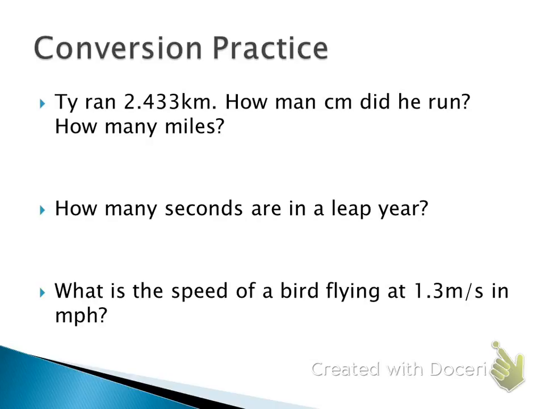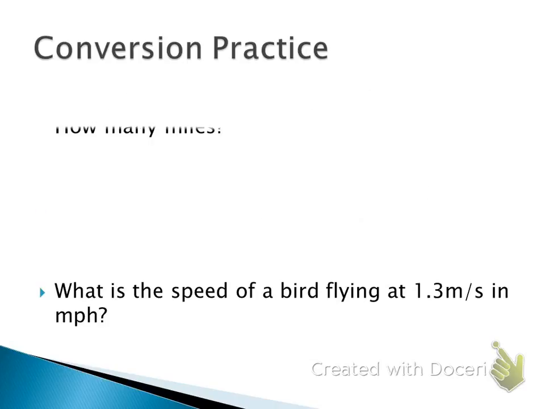Last type of conversion I want you to look at is this velocity conversion. We're going to go from meters per second to miles per hour. And it works just a little bit differently. We've got a bird that's flying 1.3 meters per second. What does the word per mean?